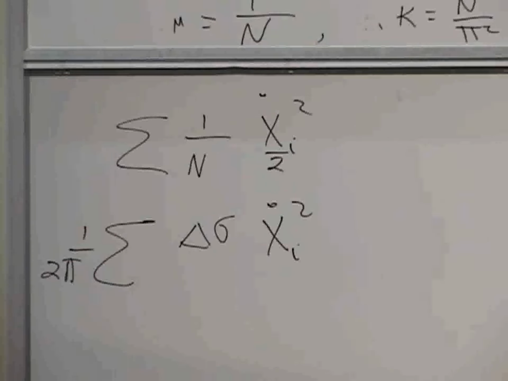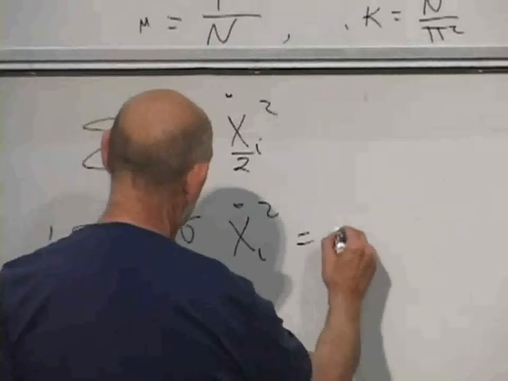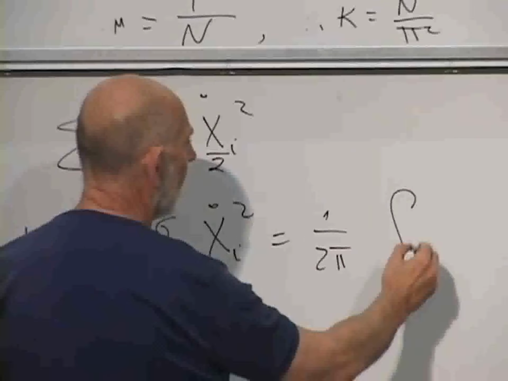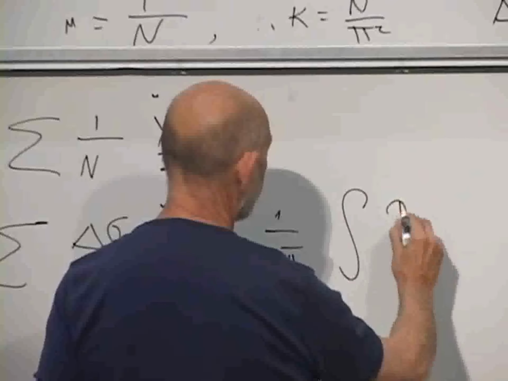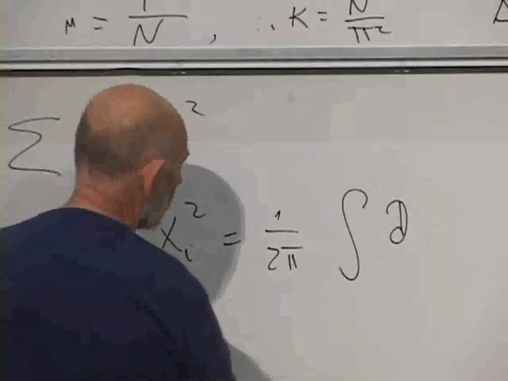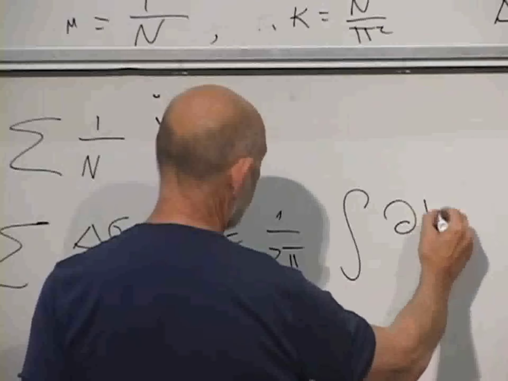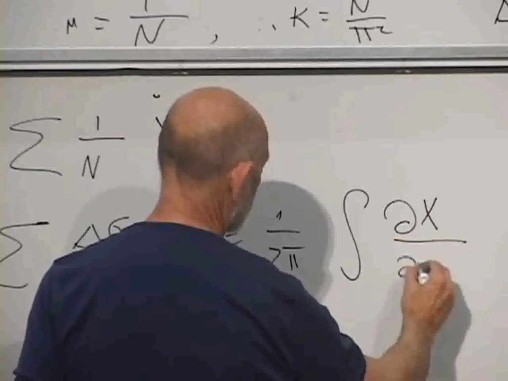But now we use the connection between integrals and sums. A sum times delta sigma is the same as an integral. So this just becomes the integral of 1 over 2 pi times the derivative of x with respect to tau, squared. Let's call it tau.